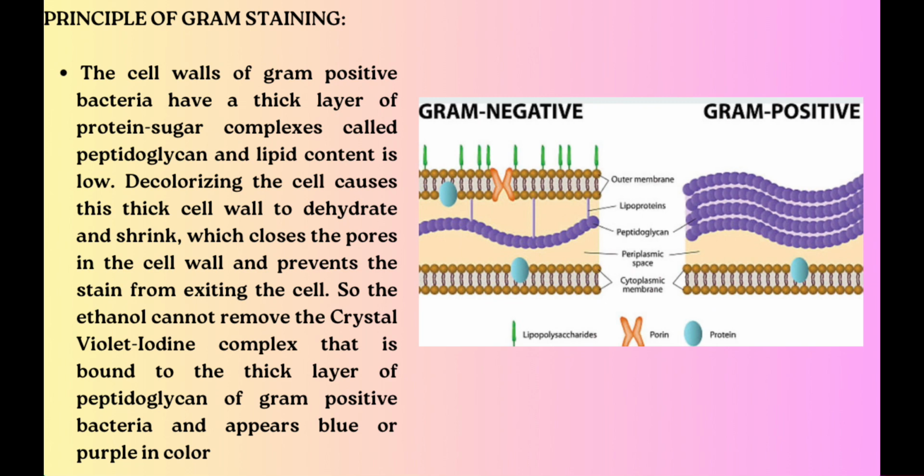So the permeability of the cell wall decreases and this prevents the stain from exiting the cell. So the ethanol cannot remove the crystal violet iodine complex that is bound to the thick layer of peptidoglycan of gram-positive bacteria. As a result, gram-positive bacteria appear blue or purple in color.